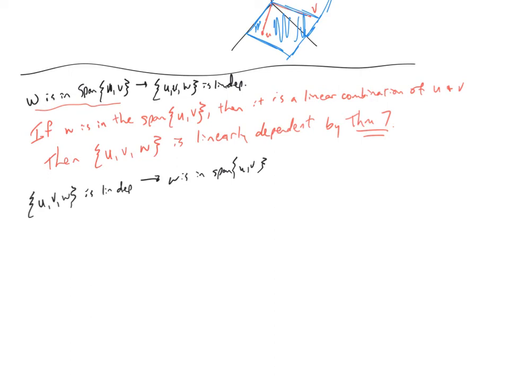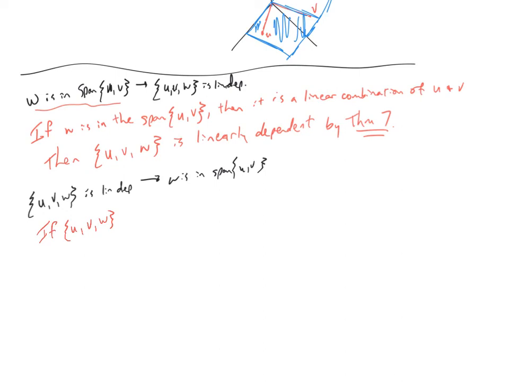We start out with the beginning part of this if-then statement. Again, if the set u, v, w, and sometimes proof writing seems redundant, meaning you're writing the same thing over and over. That happens.